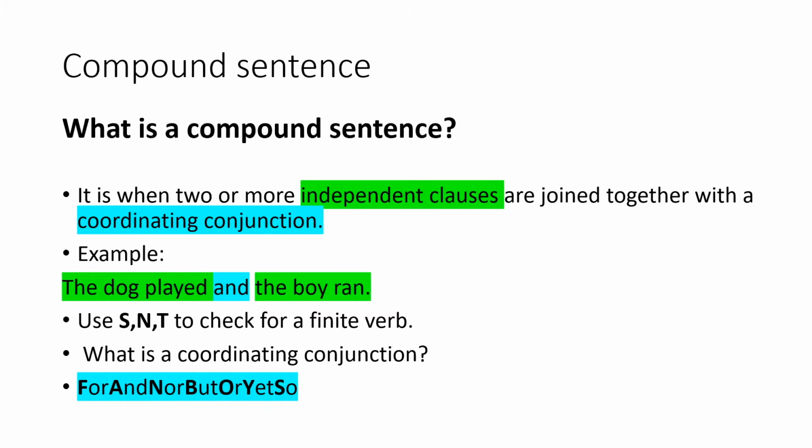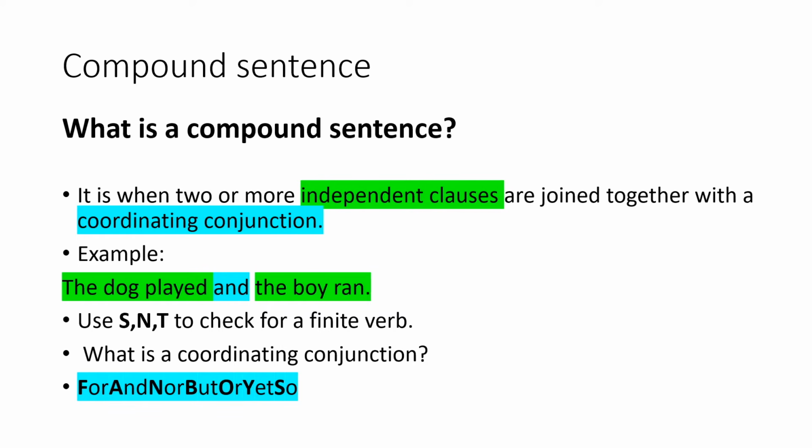Remember, you can use SNT to check for a finite verb. As a reminder, what is a coordinating conjunction? You can use the rhyme fan boys to remember the coordinating conjunctions. They are for, and, nor, but, or, yet, so. Fanboys.